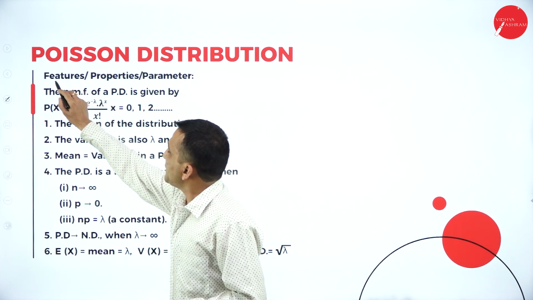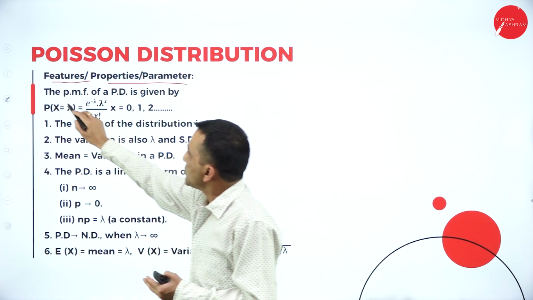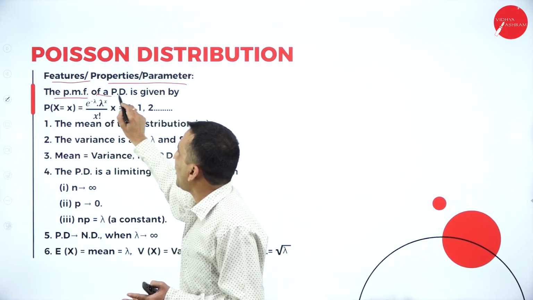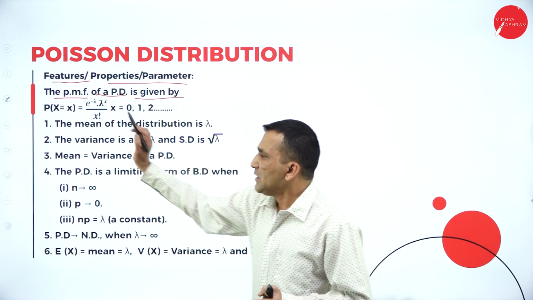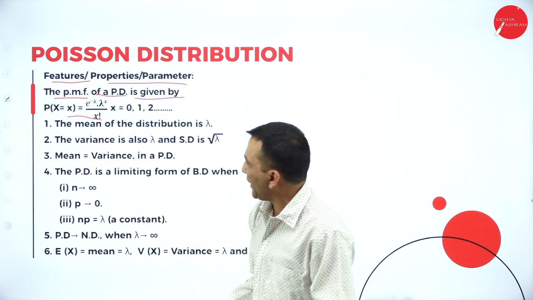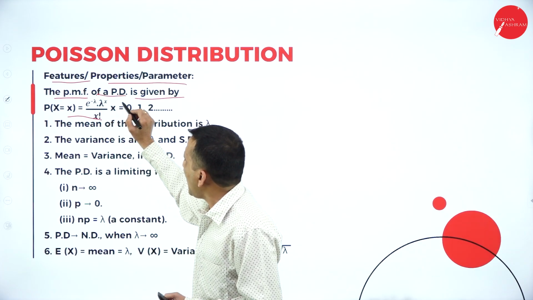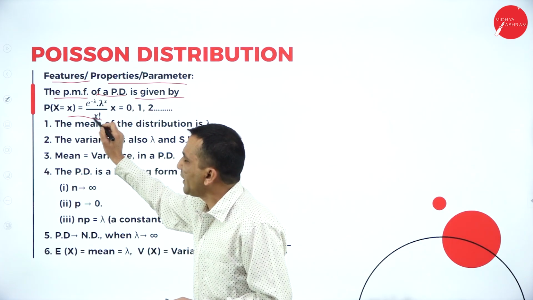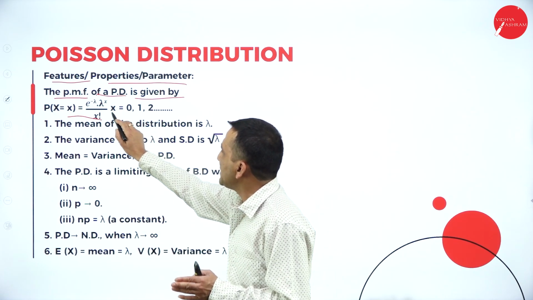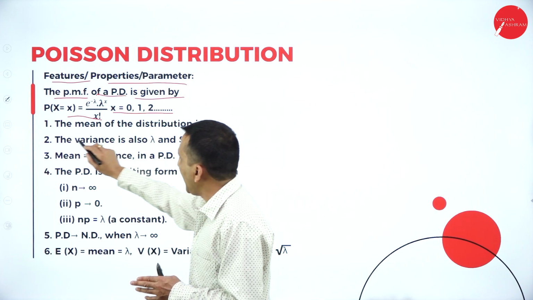Under the Poisson distribution, we identify certain features, properties and parameters. The probability mass function of the Poisson distribution, which is based on the discrete random variable, is given by e to the power of minus lambda into lambda to the power of x divided by x factorial, where the Poisson variate x is 0, 1, 2, up to n.